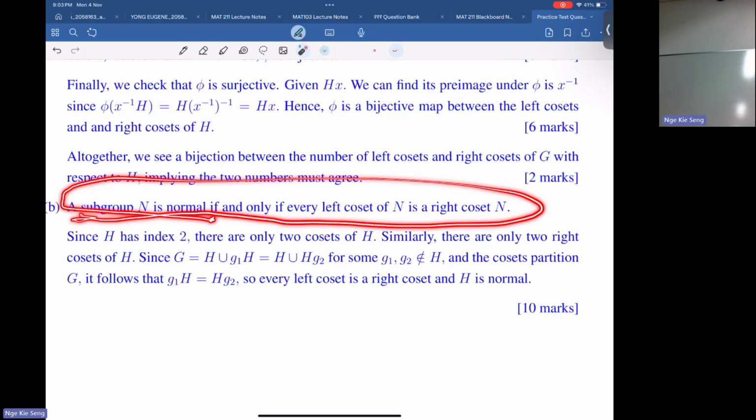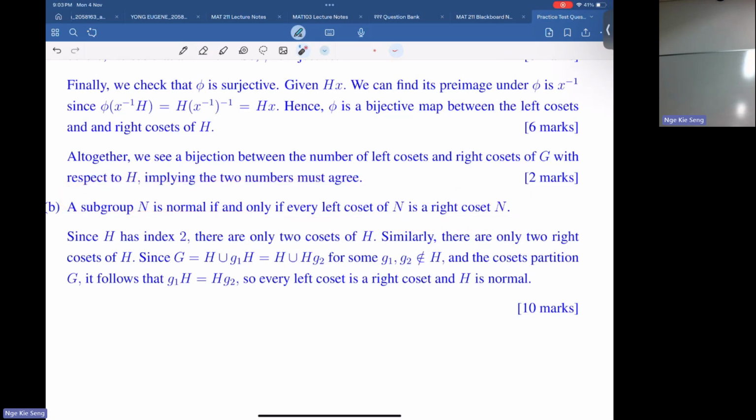So if left coset equals right coset, how do we use it? If H has index 2, there are only 2 cosets here. Similarly, there are only 2 right cosets. So we break G into two ways: H union g1H, and H union Hg2. But since the cosets partition G, g1H has to be equal to Hg2, because H cannot be equal to Hg2, since Hg2 doesn't have the identity. It's not a subgroup.